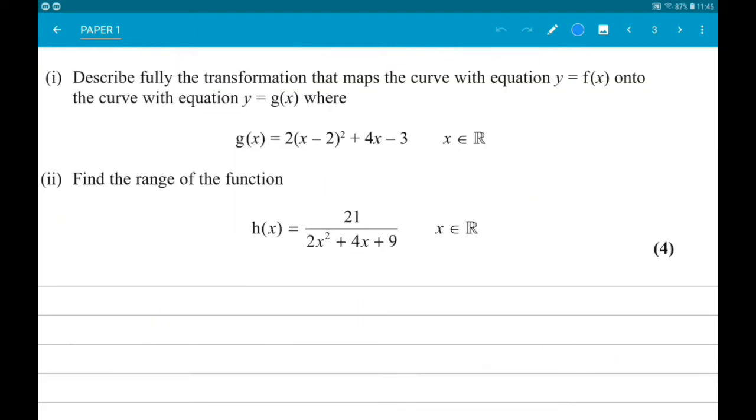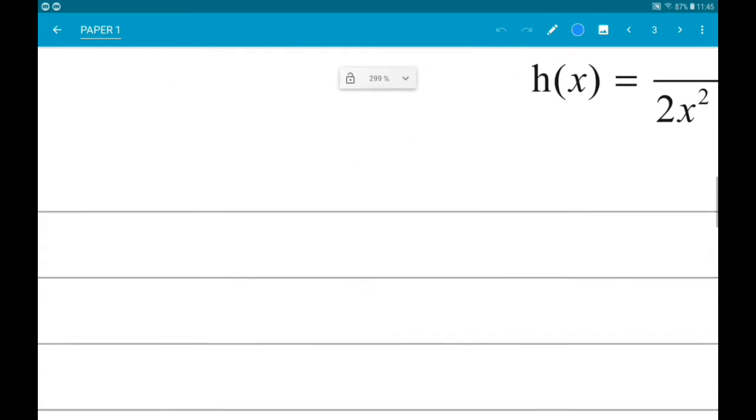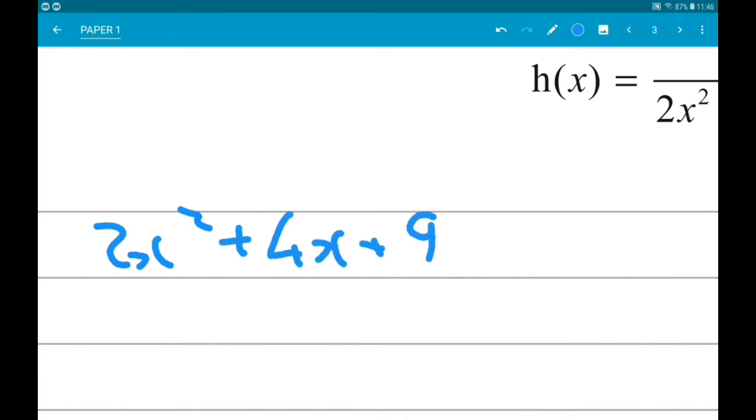And part 2, find the range of the function h of x, which is 21 over 2x squared add 4x add 9, which was f of x. So, we know from completing the square that 2x squared add 4x add 9 has a minimum value of 7, so it's always greater than or equal to 7.